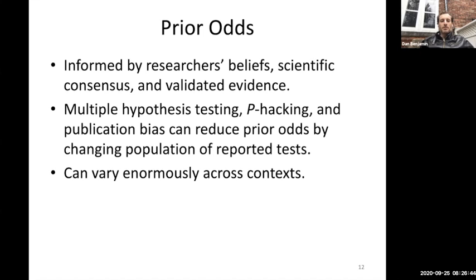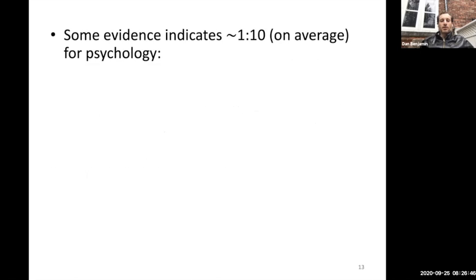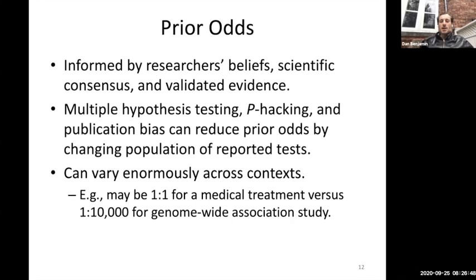But prior odds can be very different across different contexts. For example, for medical treatments where you've already had stage 1 and stage 2 trials and you're going into a stage 3 trial, you might think that 50% of stage 3 trials end up producing successful evidence for an effect, so the prior odds are about 1-to-1.